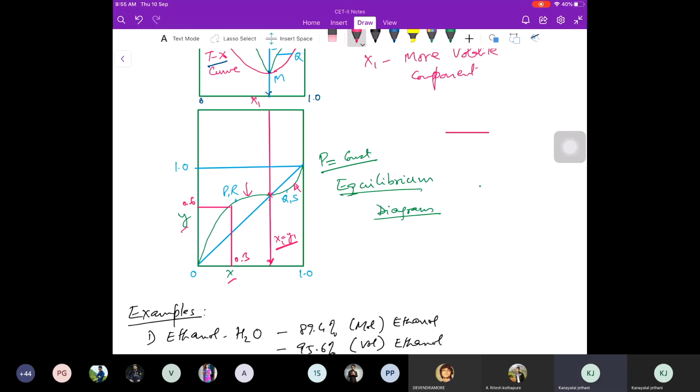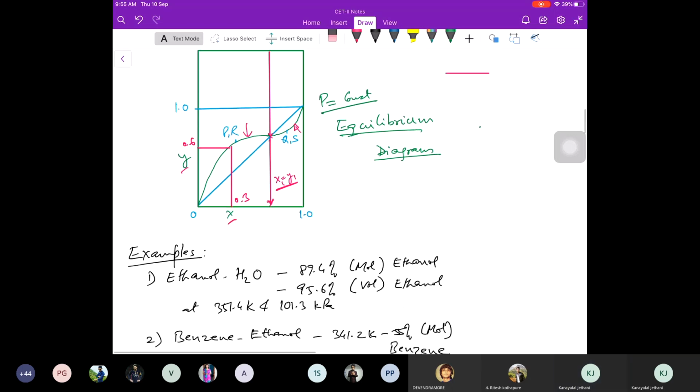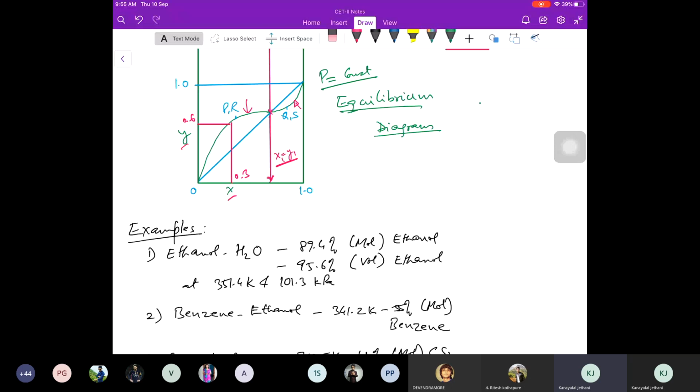So at that particular composition only is azeotrope formed, and that is always fixed. If you look at examples, ethanol water will form azeotrope only at 89.4 mole percent ethanol. That is the only composition where ethanol water will form an azeotrope, or 95.6 volume percent ethanol. बाकी जगह पे नहीं होगा.